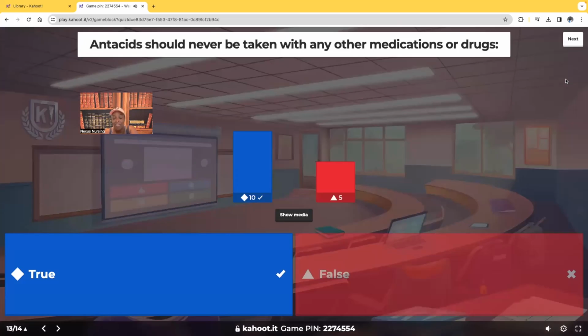Never give antacids with other medication. It has to be taken by itself, and the reason for that is antacids will decrease absorption of the other drug. That's something important to know about antacids. Another rule of thumb: you need to know the action, it neutralizes the acidity.